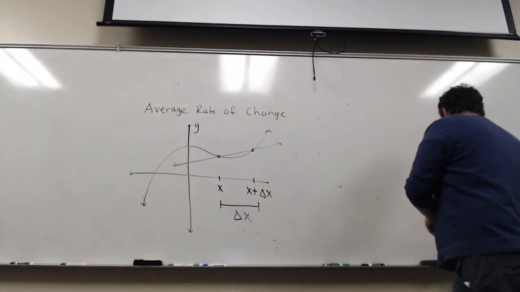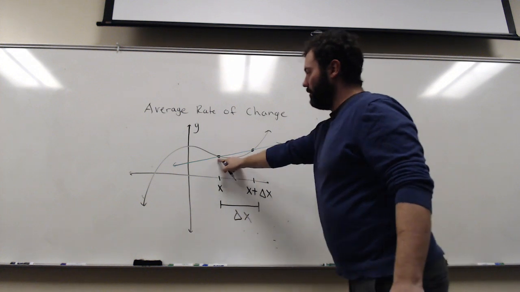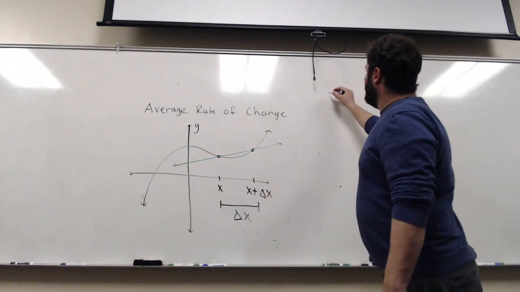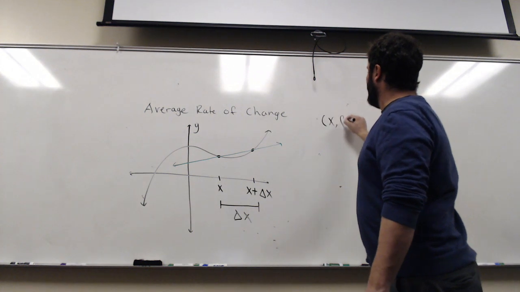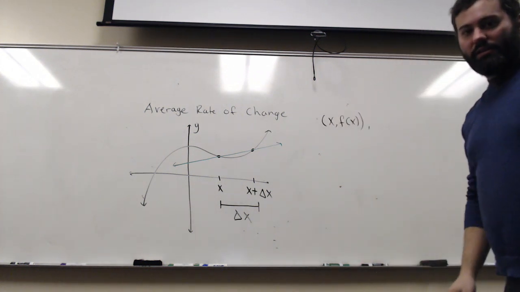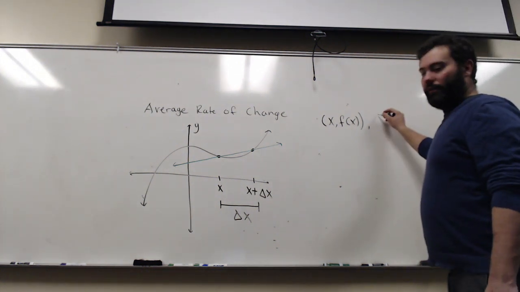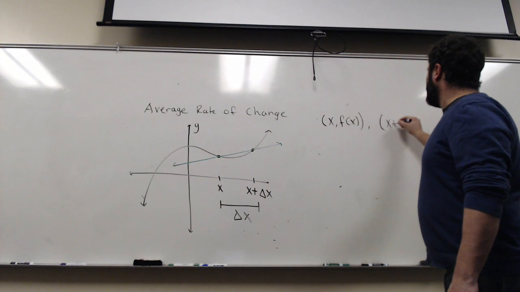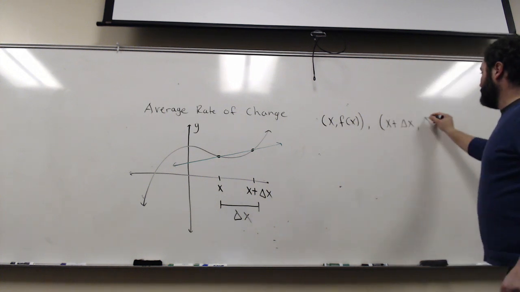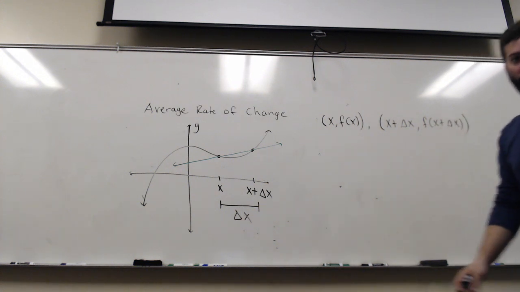Since the input is x, the first point is going to have coordinates x comma f of x. The second point on the graph has x plus delta x as the input, and f of x plus delta x as the output.